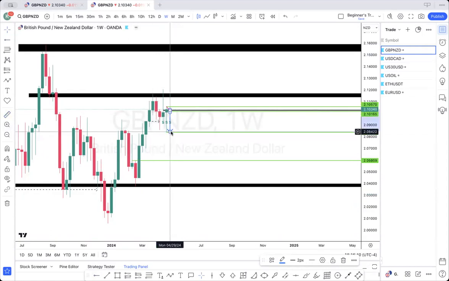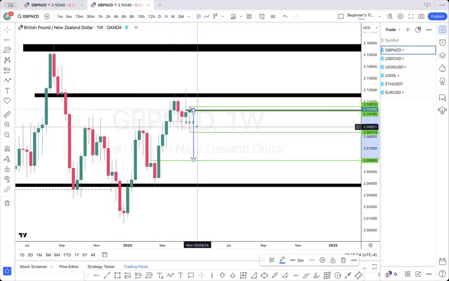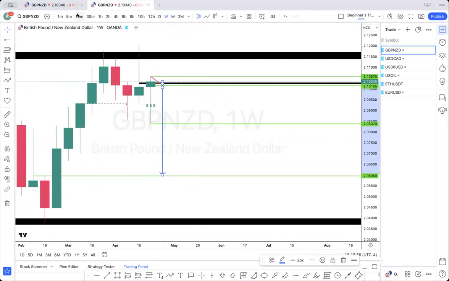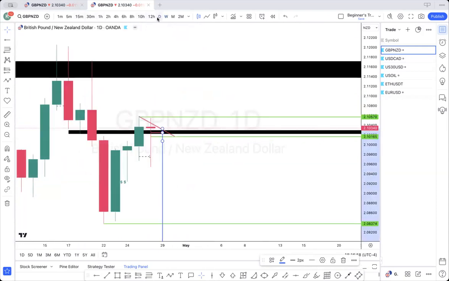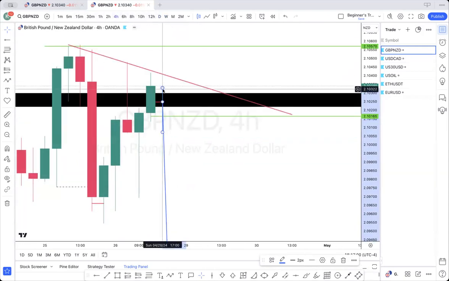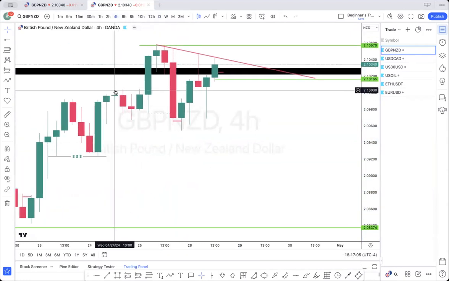So if we're looking for price to come down here, I don't know how many pips that is. We'll see. Okay.